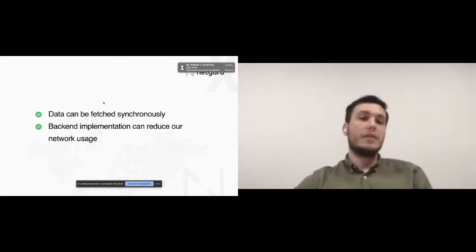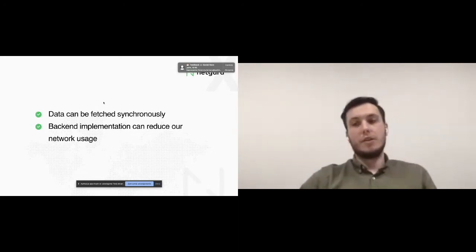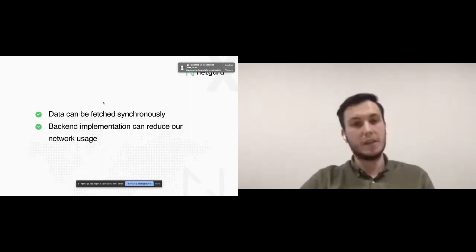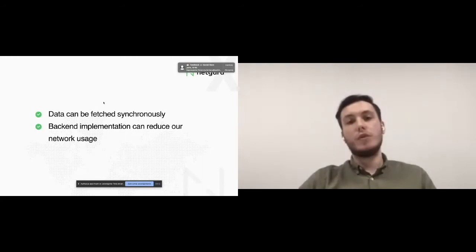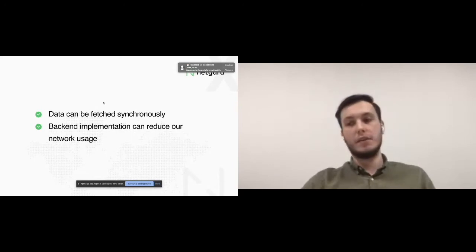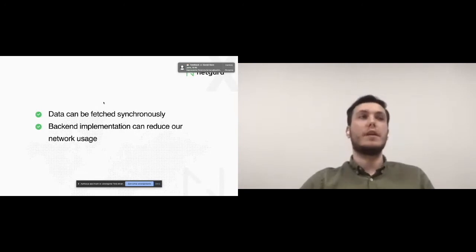Also, we can implement a backend cache mechanism, but you will of course need to discuss this with your backend developers, and thanks to that you will be able to save some resources. For example, in the case where we are downloading data periodically or hiding it under the splash screen, we can make an agreement with the backend that you will send, for example, the date of your last update in the database.